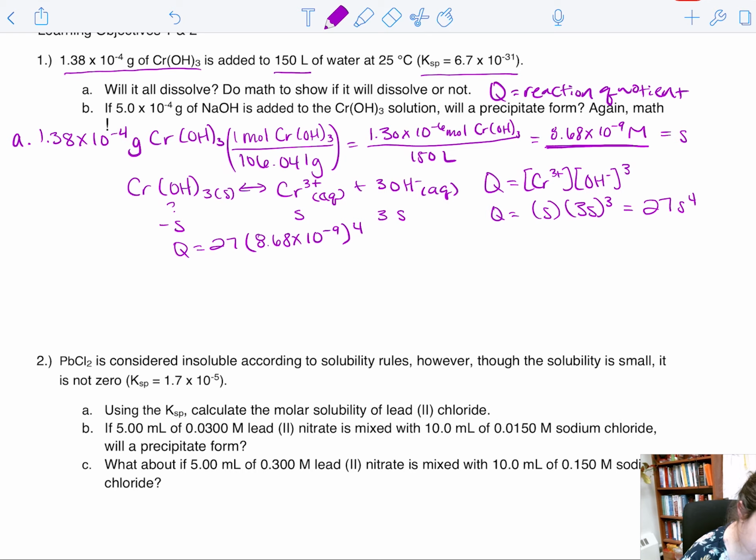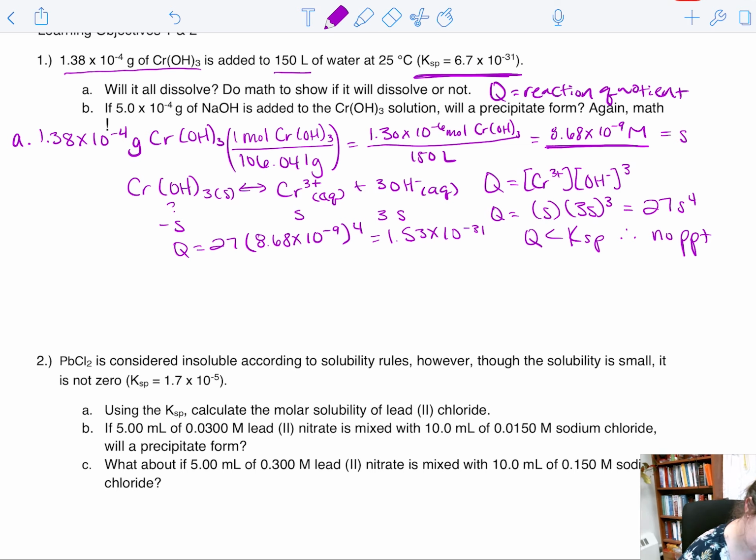When we multiply that out, we get a value of 1.53 times 10 to the negative 31. If we compare that to our KSP, we see that Q is less than KSP, and whenever that occurs, there will be no precipitate. So nothing will precipitate out.